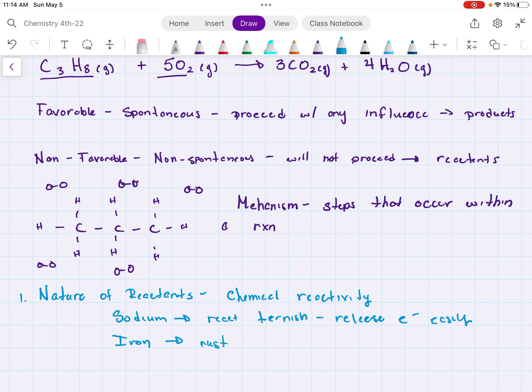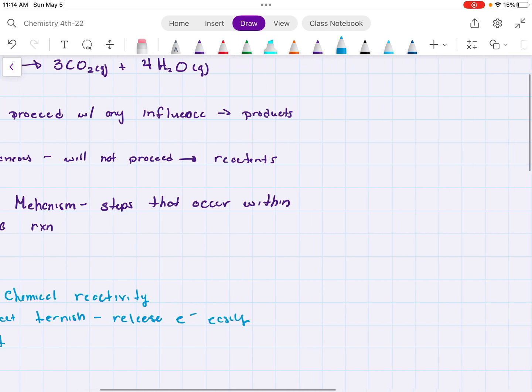Sodium reacts within seconds, and the creation of rust can take anywhere from a few days to a few weeks, depending on how much exposure it has to the air. So the nature of the reactant is going to play a direct role in how fast a reaction moves forward, right?